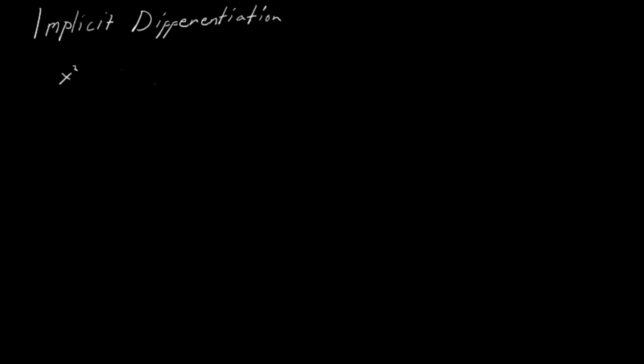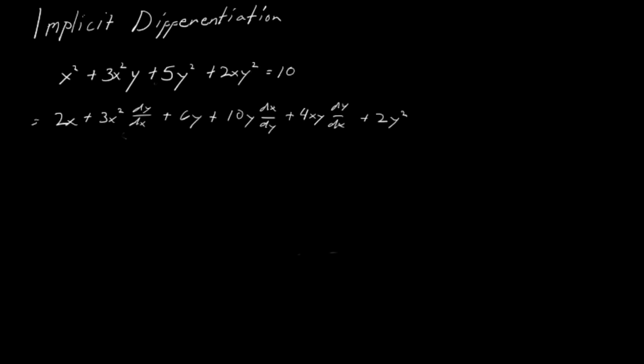For example, x squared plus 3x squared y plus 5y squared plus 2xy squared is equal to 10. Using the first step, we must find the derivative of each given term. The first term is x squared. Its derivative is 2x.